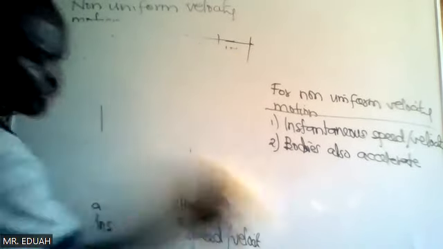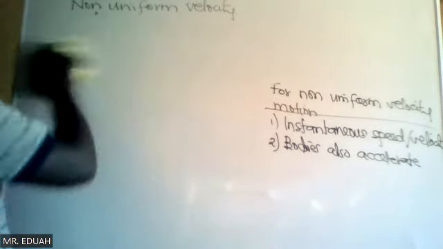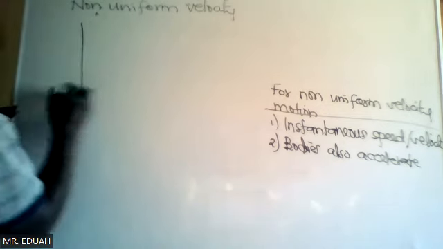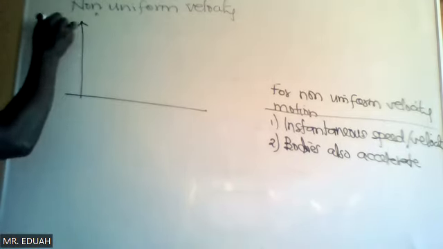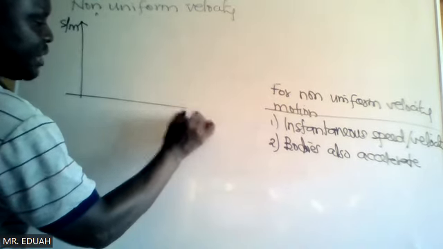Then the last graph to look at under displacement or distance time graph, then we move on to velocity time graph. I want you to look at this graph carefully and tell me what it is. It's a distance time graph.